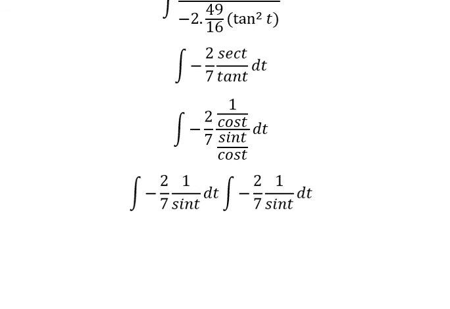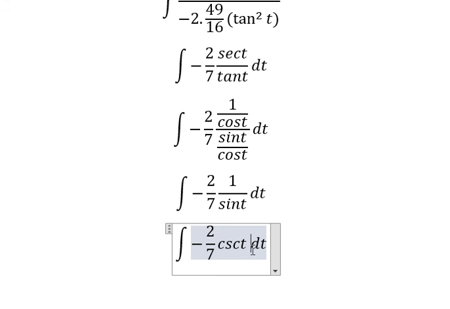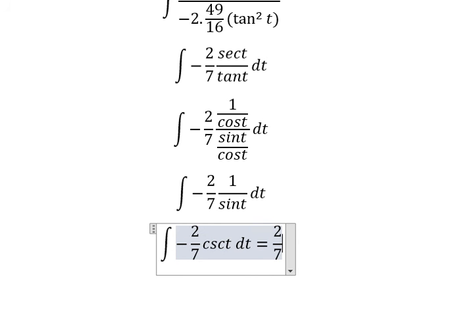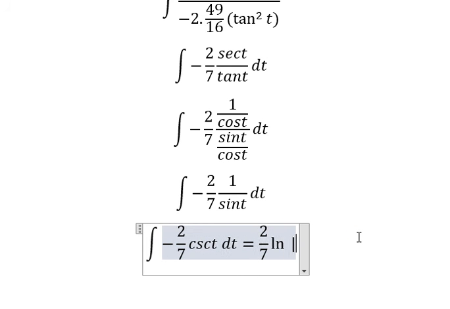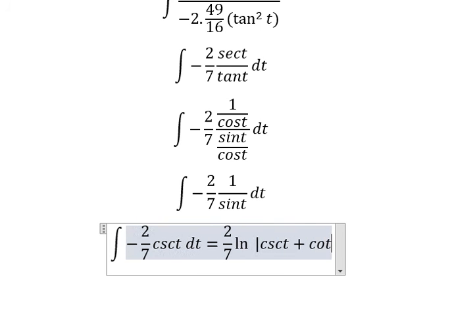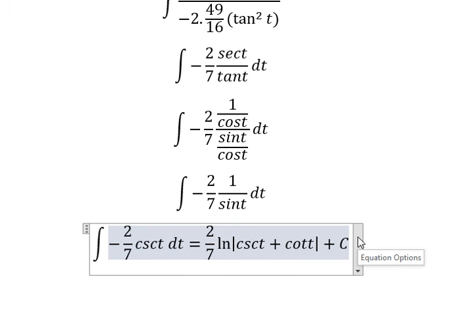This one we change for cosecant of t. The integration of cosecant of t, you will get negative, but we have another negative in here, so you get positive 2 over 7 ln of the absolute value of cosecant of t plus cotangent t, and we put c, that's the constant.